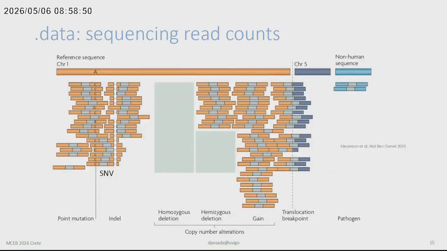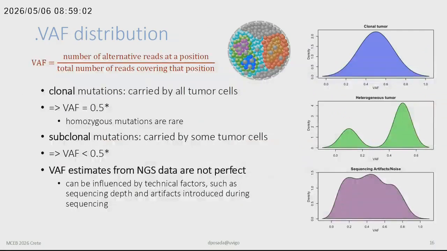The data is this, real counts from sequencing. I assume that many of you are familiar with this, basically, and we focus on this. So our data is real counts. There are colors that will give us genotypes. And a very important distribution is the variant allele frequency distribution, which we call the site frequency spectrum in population genetics, the same thing here.